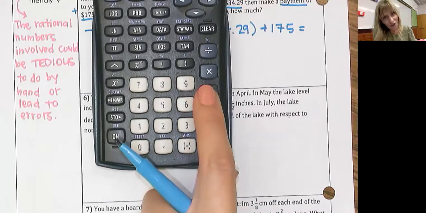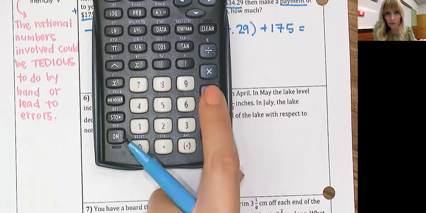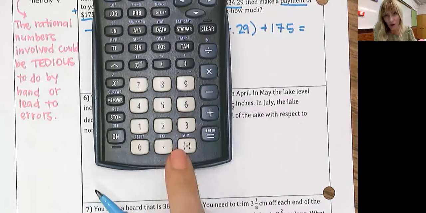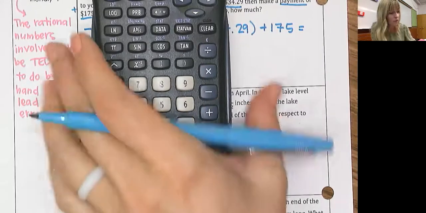Subtraction is an action. It's what you're doing. Negative is a label. What? Subtraction is a verb. It's an action. I don't know what I just said, but subtraction is a verb. It's an action. It's what you're actually doing. The negative is the noun. It's just a label. It's describing a number. So they're different buttons because they mean different things. And we'll talk more about that as we go.